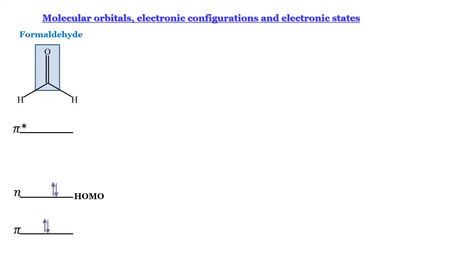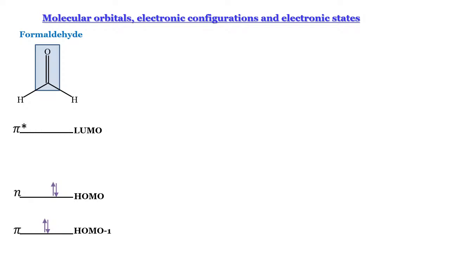So this is the electron configuration. The non-bonding orbital is HOMO, the pi bonding orbital is HOMO-1, pi star anti-bonding orbital is LUMO. Ground state is singlet here, because in the simple discussion that we are doing, all electrons are paired.